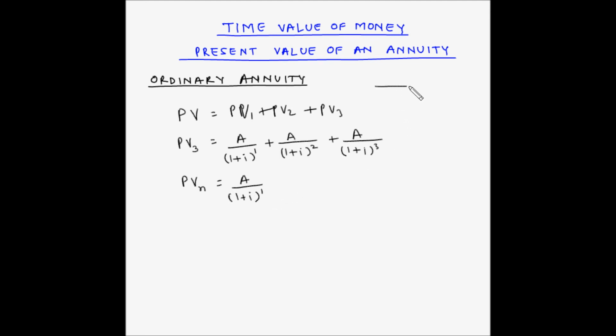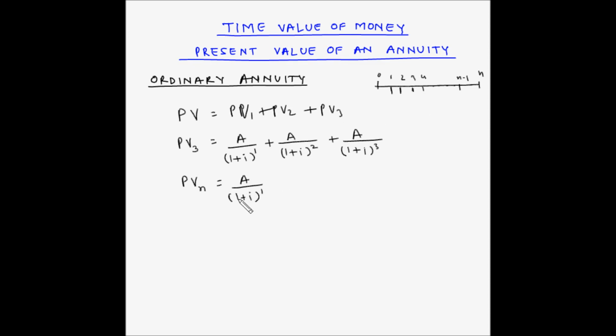So this thing will look like this. So you have 0, 1, 2, 3, 4 and so on up to n minus 1 and then n.